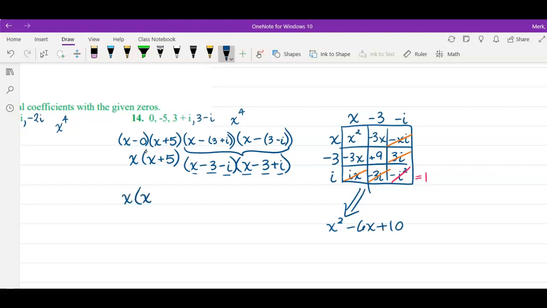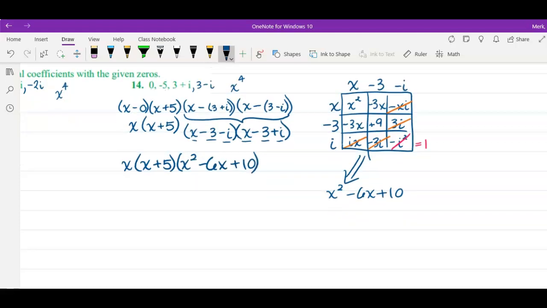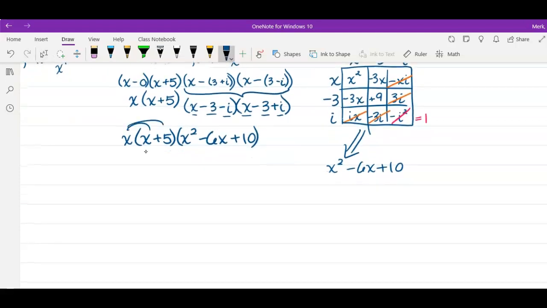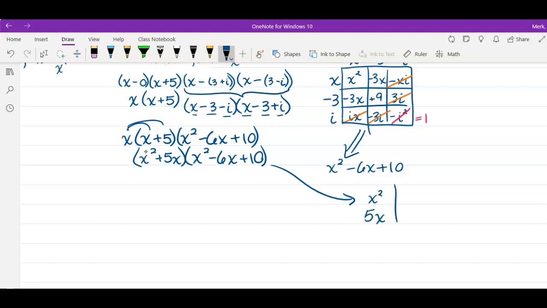So now we have x times x plus 5 times x squared minus 6x plus 10. Just distributing, that gives me x squared plus 5x times x squared minus 6x plus 10. And again, going into the box method, this is going to be a 3 by 2, x squared minus 6x plus 10.